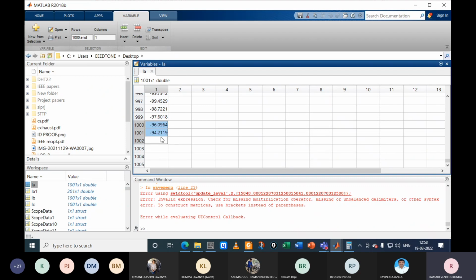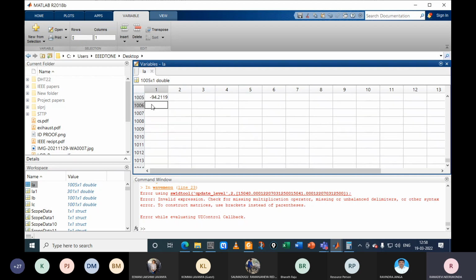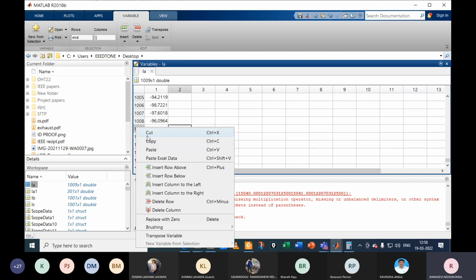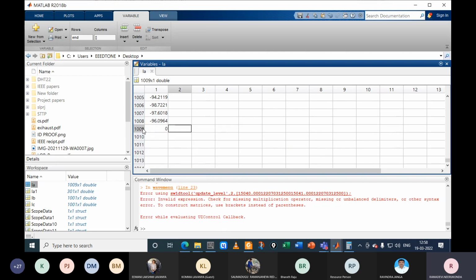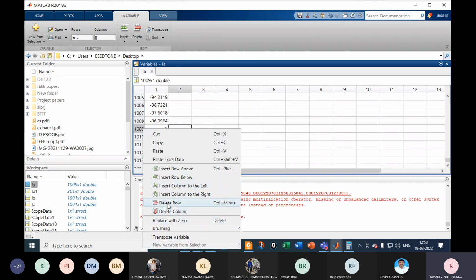I extend some samples here by copying this: 1, 2, 3, 4. Control V, and remove one sample. Delete row.